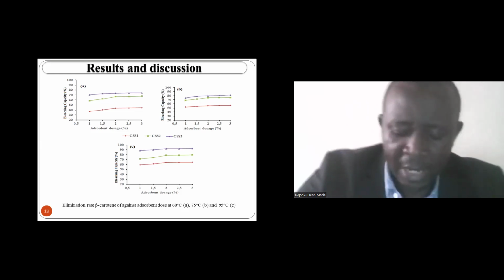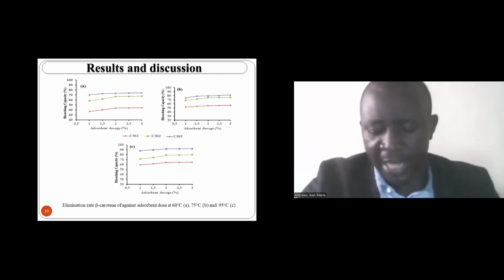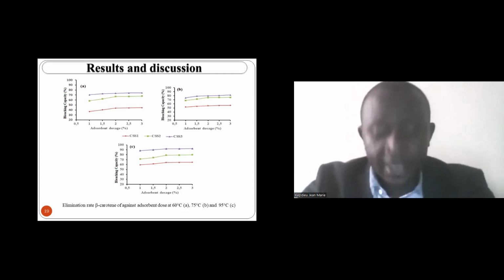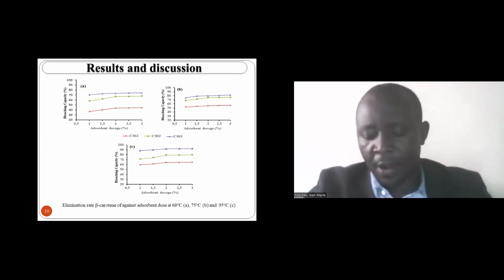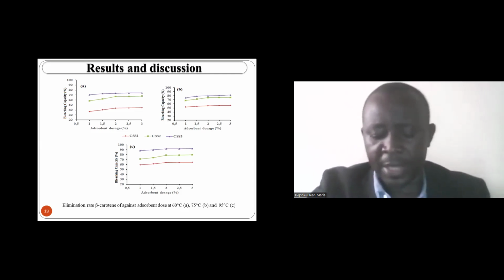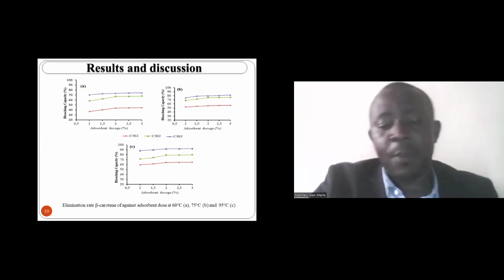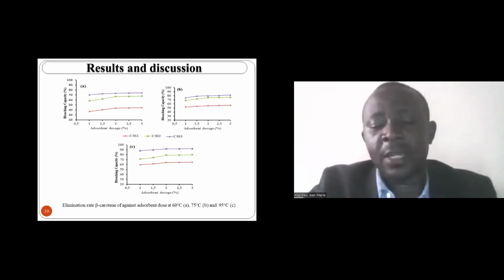This means that even if the number of active sites available for adsorption rose with the increased adsorbent dosage, the steady tendency occurred due to the obstruction of some sites and the limitation of the adsorbate molecule with a higher amount of adsorbent. So for economic reasons, it may be good to limit the adsorbent dosage at 2%.